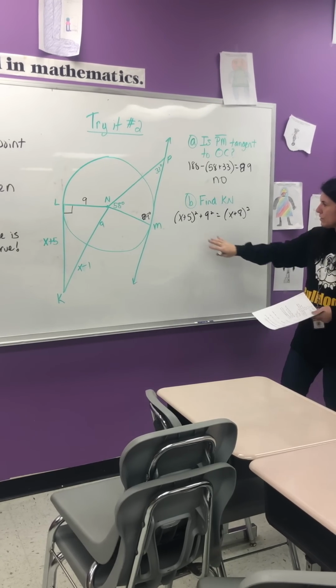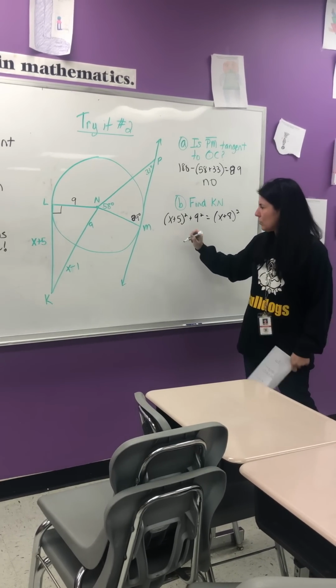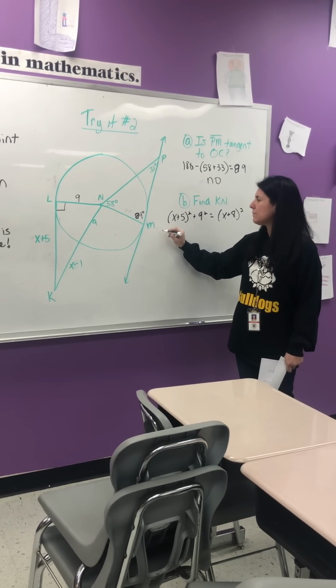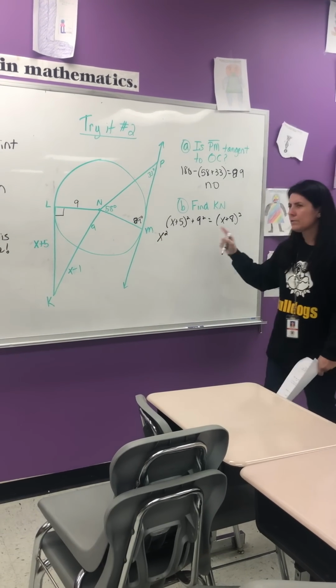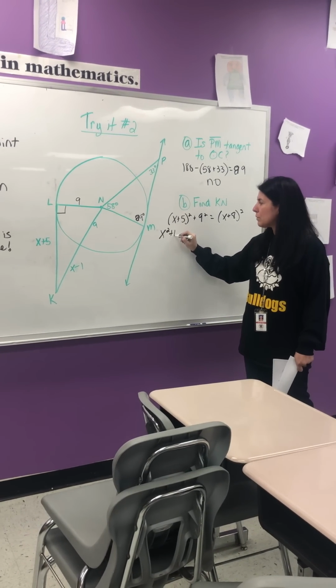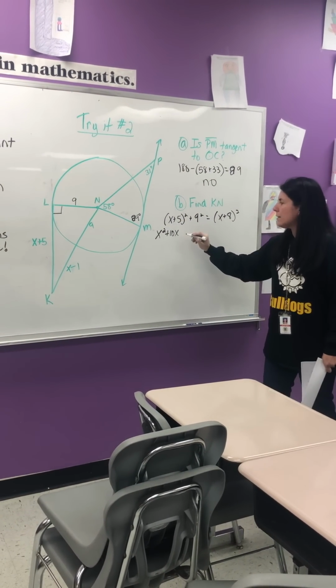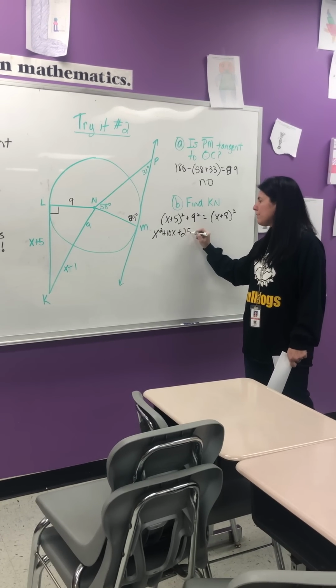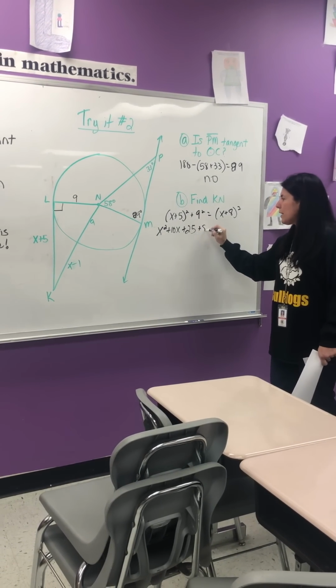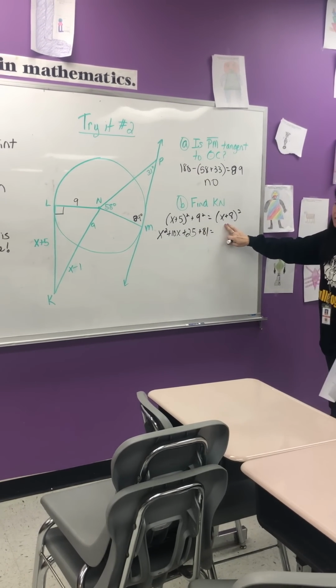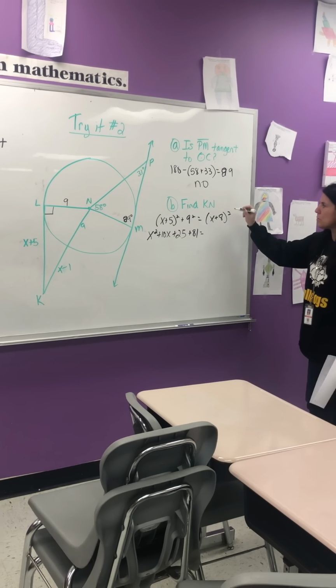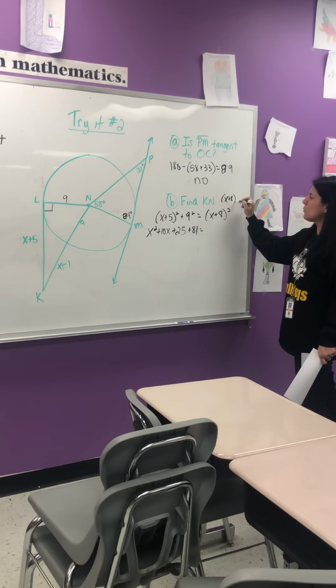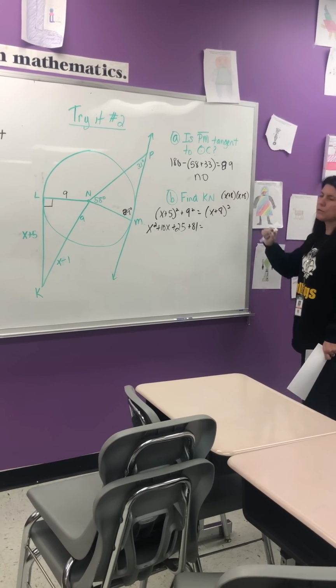So what I'm going to do first is FOIL, and that's just a real quick first, outer, inner, last. x squared plus 5x, your middle terms give you plus 10x, and then 5 times 5 gives you 25. 9 squared gives you 81. Same thing on this side, I'm going to FOIL. If you're uncomfortable with that, rewrite it twice so that it's easier for you to FOIL.